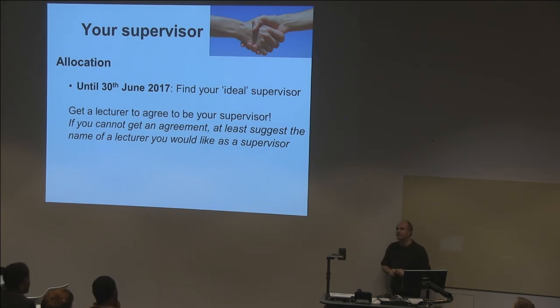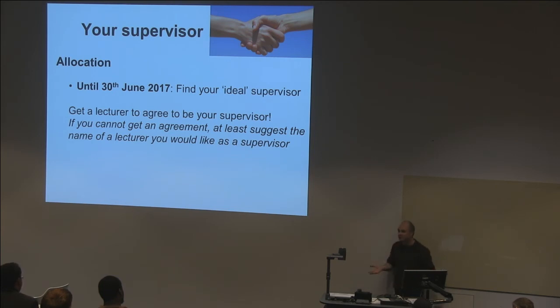In some cases, you will not manage to get an agreement because your idea was not ready yet, or you didn't have the chance to speak with the supervisor you wished. And instead of having no idea, you can send me an email saying, I don't have an agreement, but if possible, could you allocate me to that person?